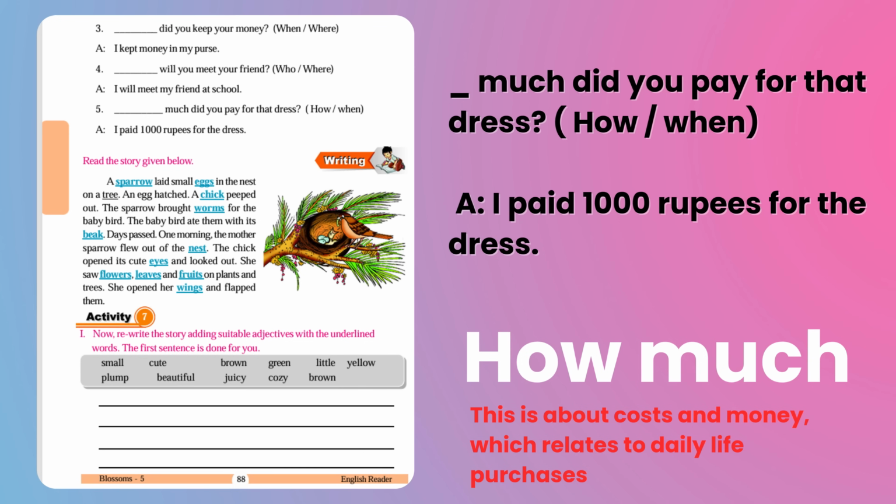So the correct option we have to choose is how much. So the question should be like how much did you pay for the dress? Then the answer would be I paid 1,000 rupees for the dress.